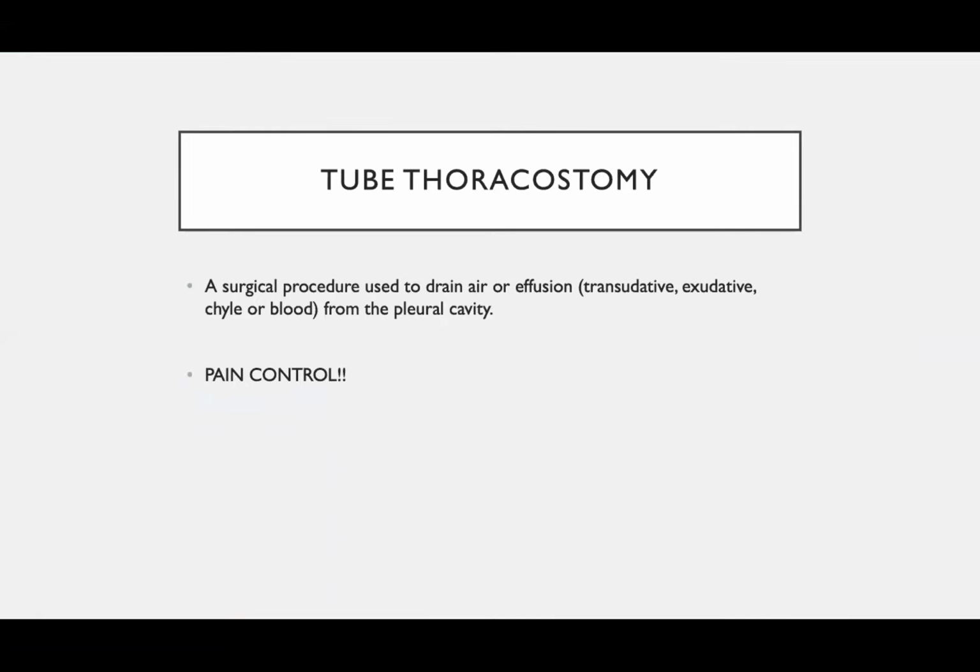And the most important thing, the trick that most of us might ignore, is pain control, please. So to start with, tube thoracostomy, or chest tube itself, is a surgical procedure that is used to drain air or effusion of any type, transudative, exudative, chyle, or blood, from the pleural cavity. And as I told you, pain control is a very important measure.